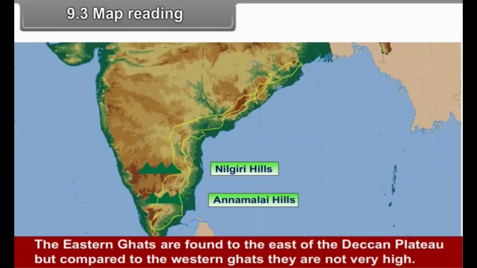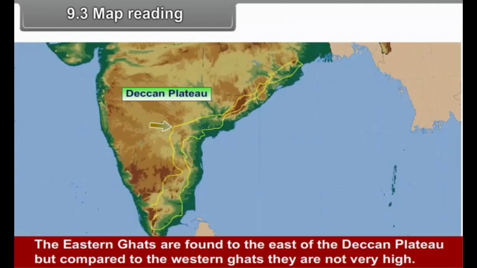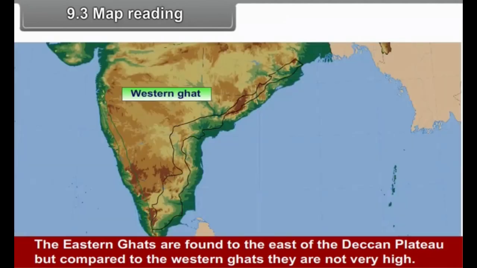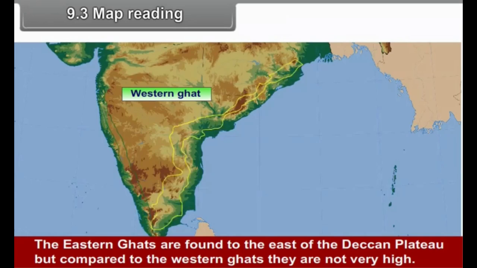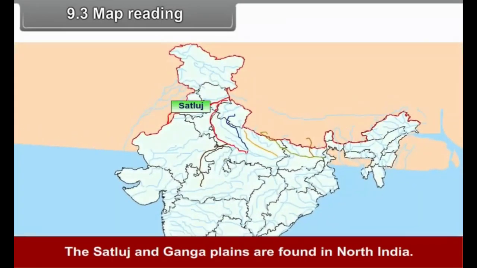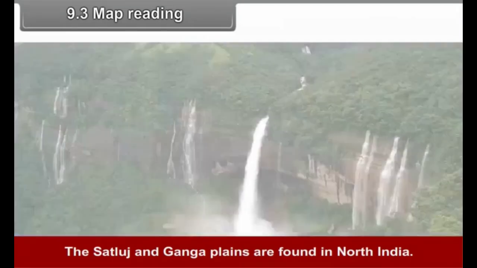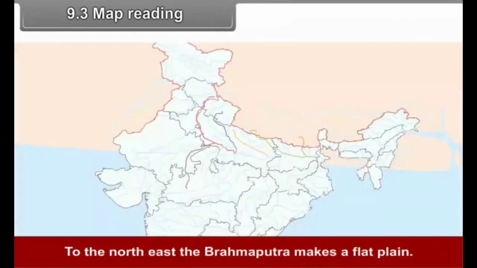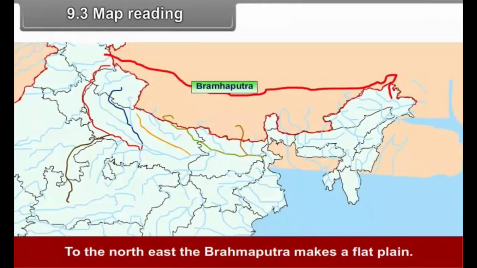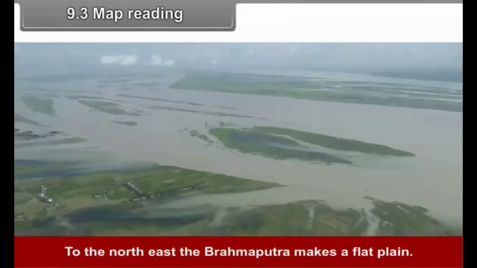The Eastern Ghats are found to the east of the Deccan Plateau, but compared to the Western Ghats, they are not very high. The Satluj and Ganga plains are found in North India. To the northeast, the Brahmaputra makes a flat plain.